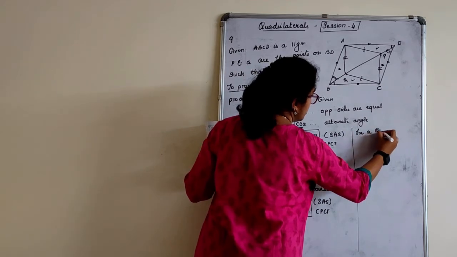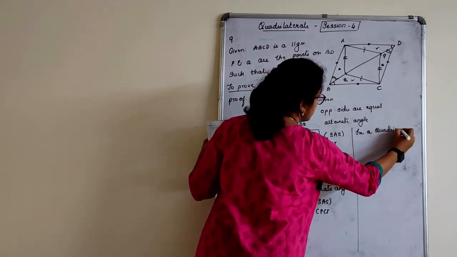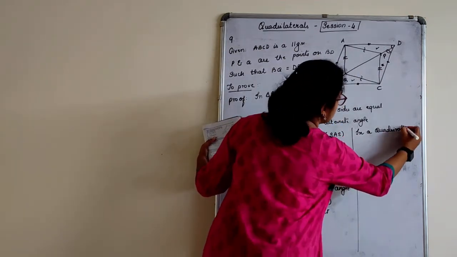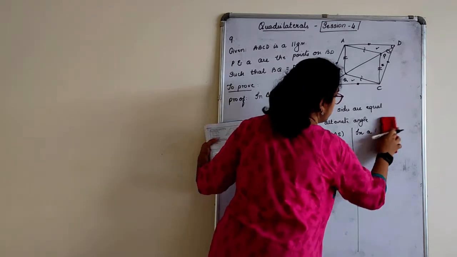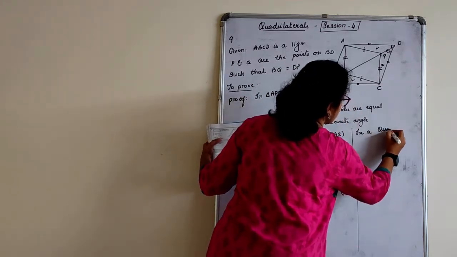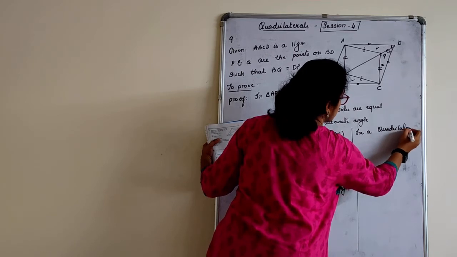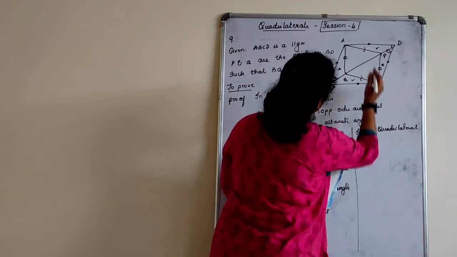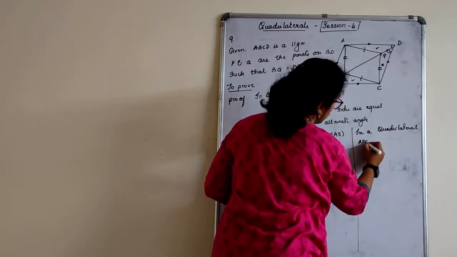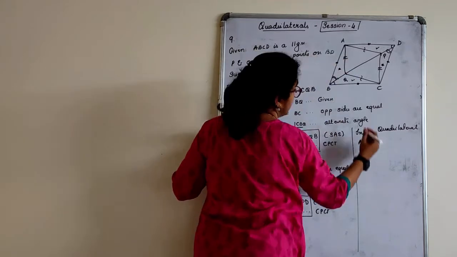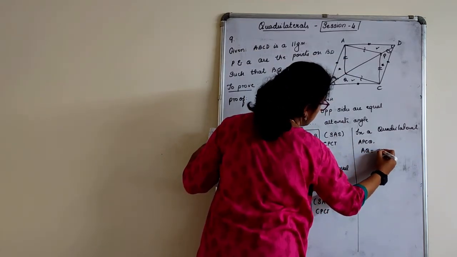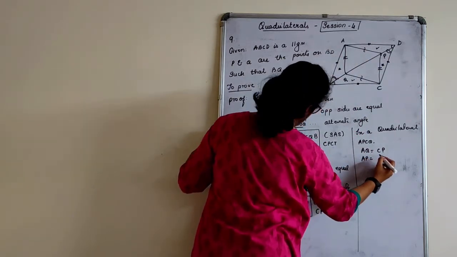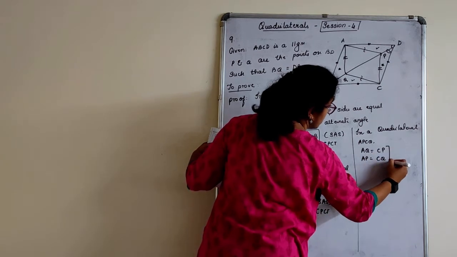In quadrilateral APCQ, AQ is equal to CP and AP is equal to CQ, proved above.